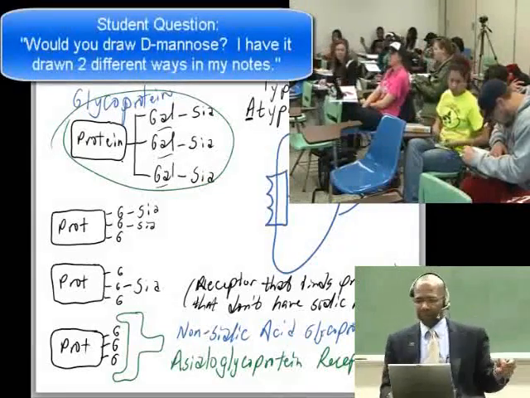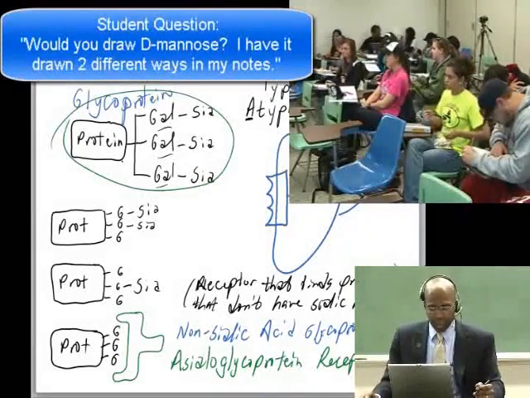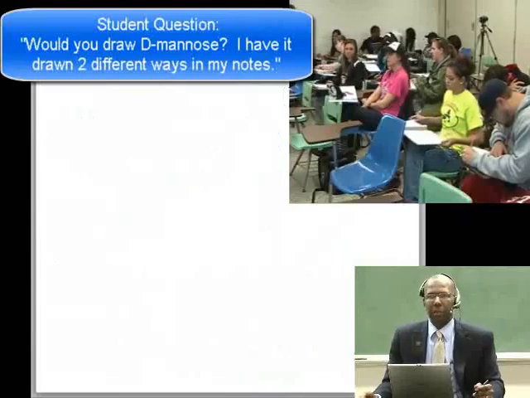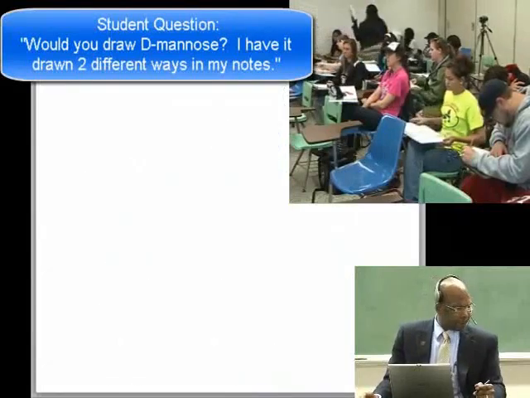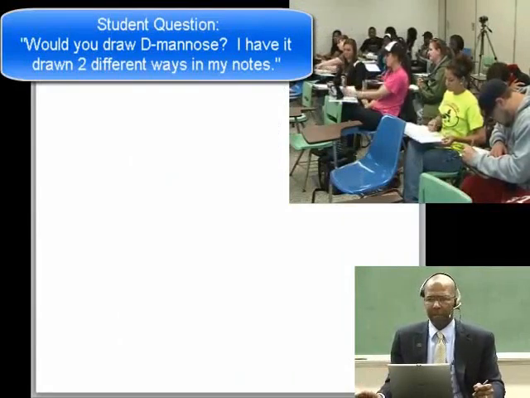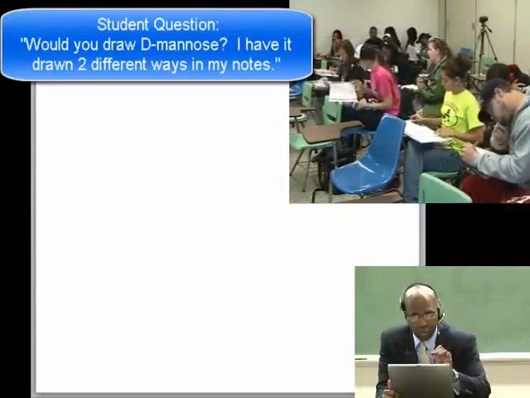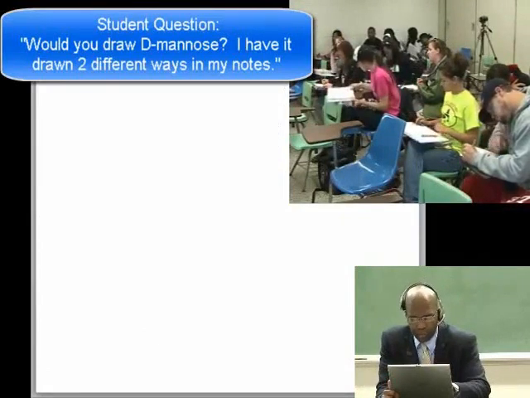Can you draw mannose? Because I have it drawn two different ways in the notes. Okay, mannose. D-mannose is, I think, a 2-epimer of glucose. Is that right? It's a 2-epimer. So, I'm going to draw glucose first, and then I'm going to erase and draw mannose.